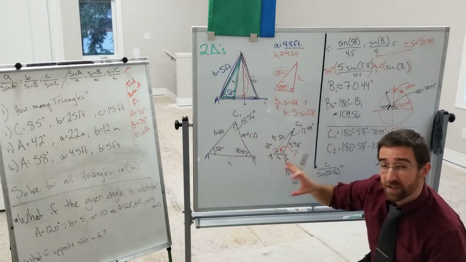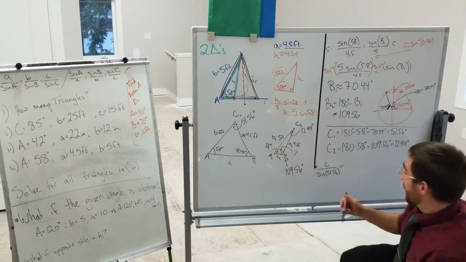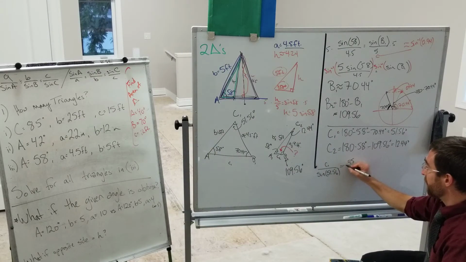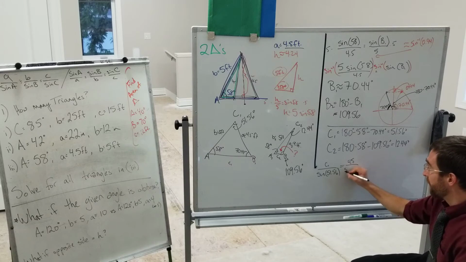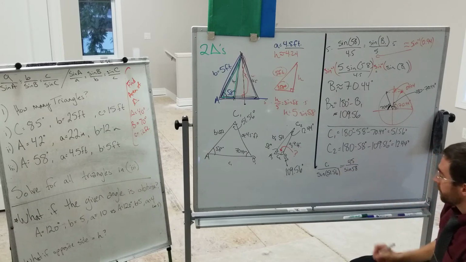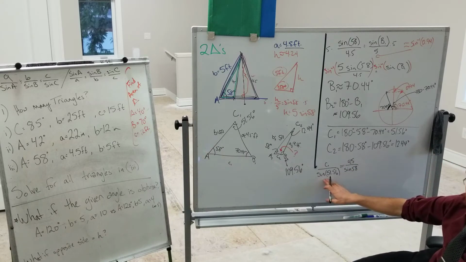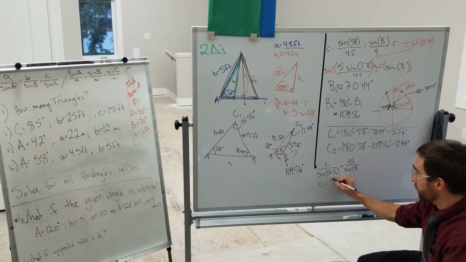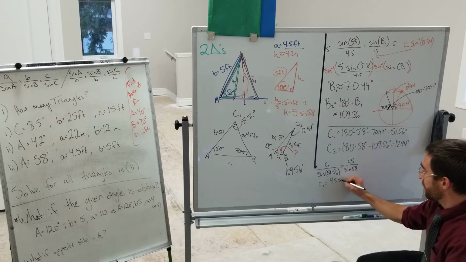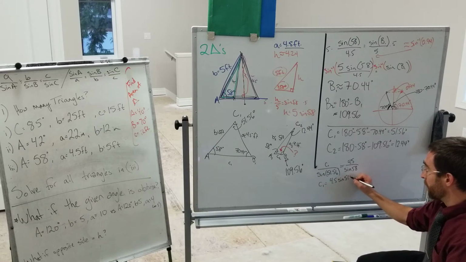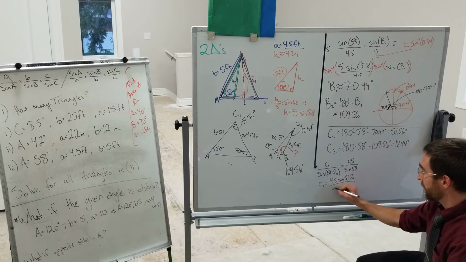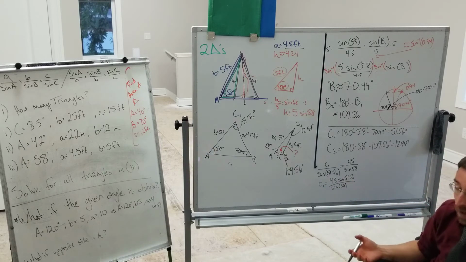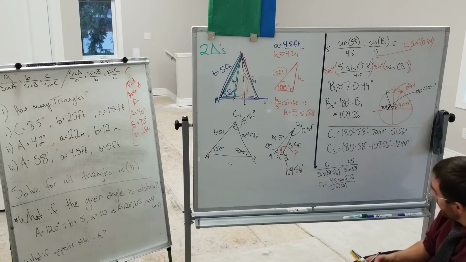So we're going to choose to stick with the information given whenever we can. So we're going to go side A, which is 4.5, divided by sine of 58. Right? We'll multiply both sides by the sine of 51.56 to get C sub 1 equals 4.5 sine of 51.56 divided by sine of 58. Just plop that in the calculator.